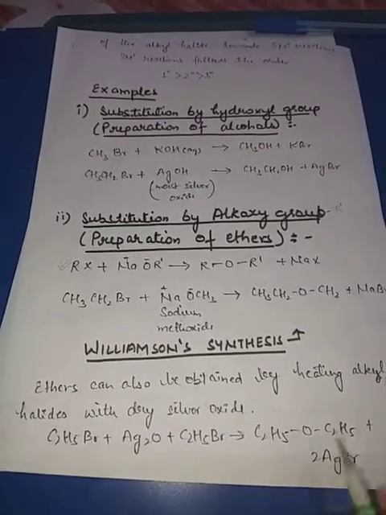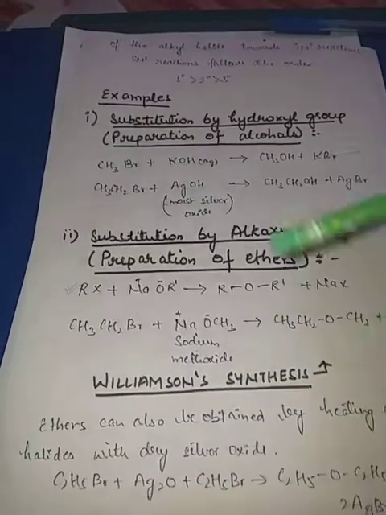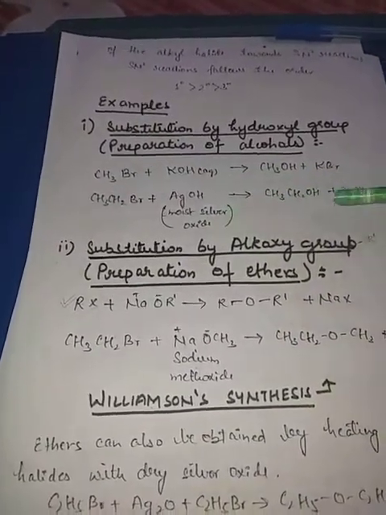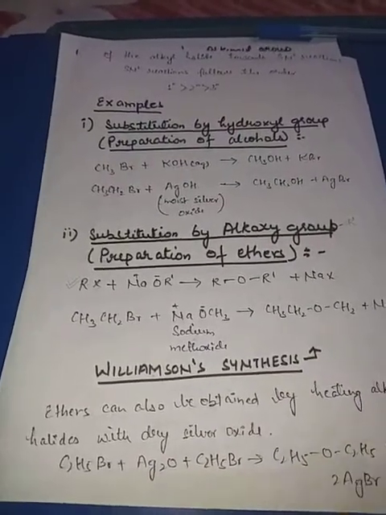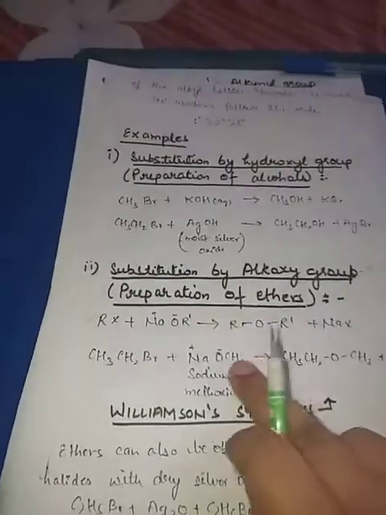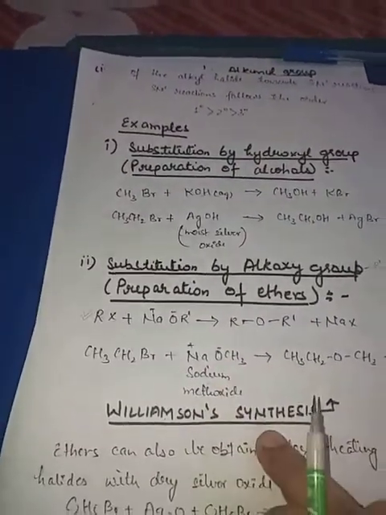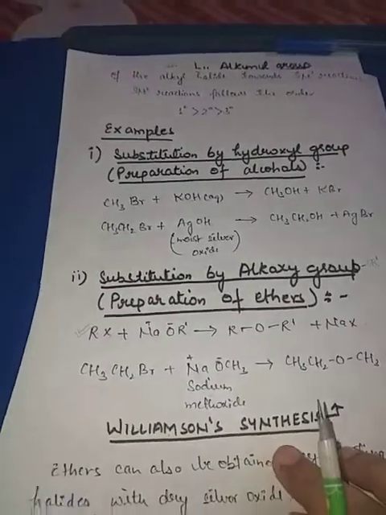So ether is also prepared by using dry silver oxide. Here we took moist silver oxide, alcohol was formed. Here we have taken dry silver oxide, and it will form ether. And with sodium alkoxide, this reaction is called Williamson's synthesis.